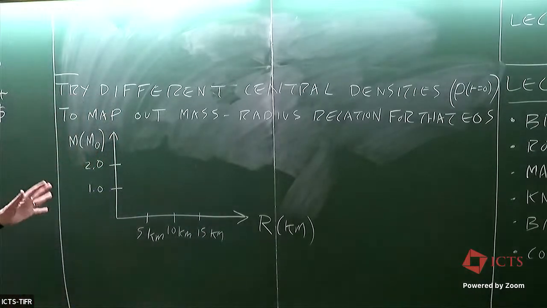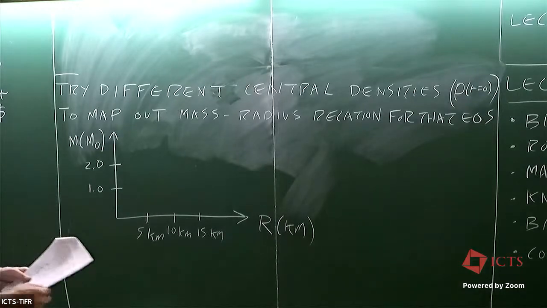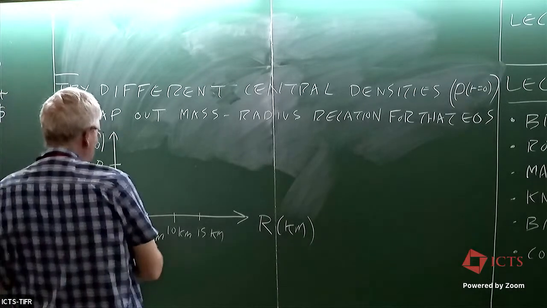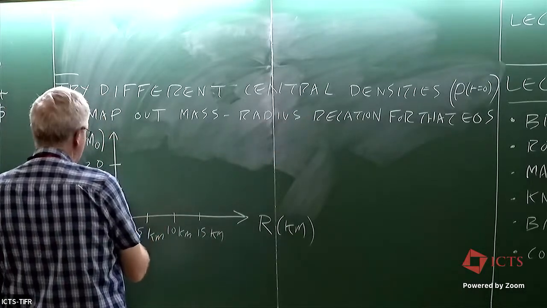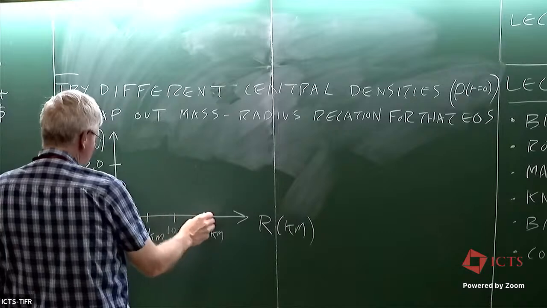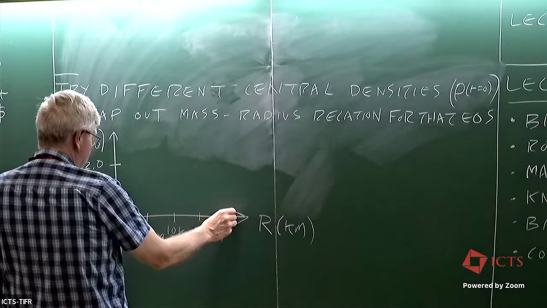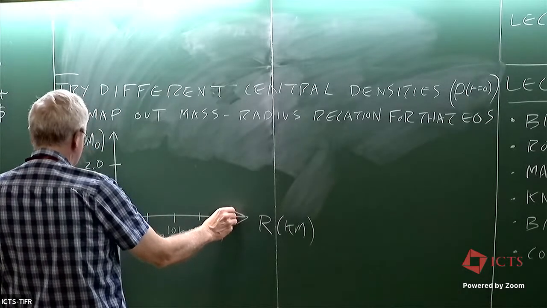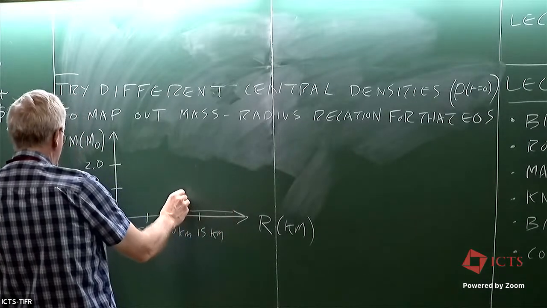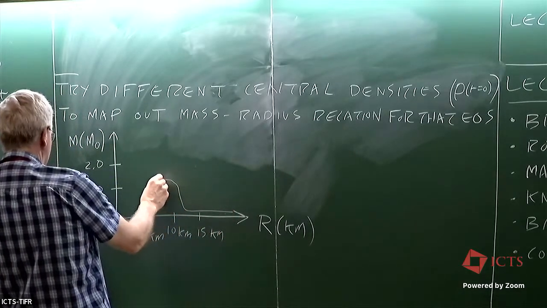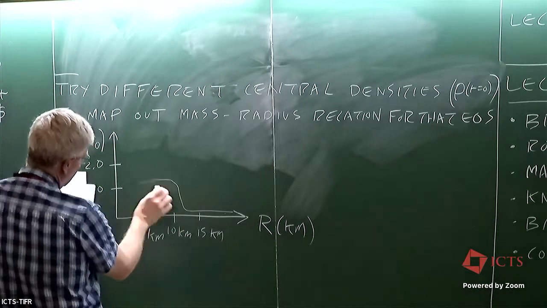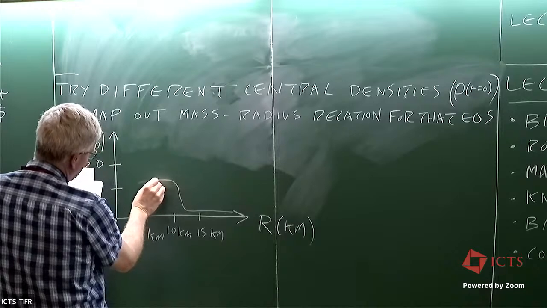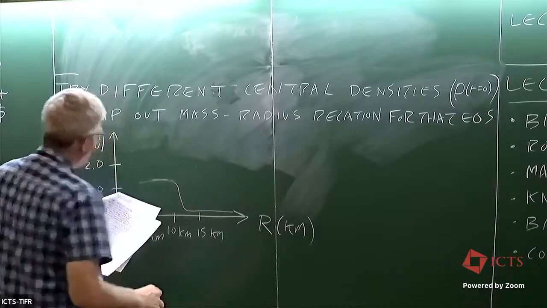And just very crudely speaking, we can classify this mass-radius relation as being soft or hard depending on where we end up. So imagine that we start here with one equation of state and end up here not much higher than 1 solar mass.